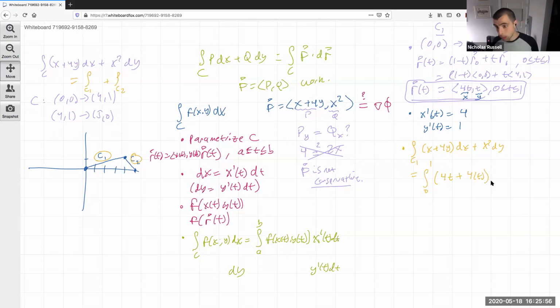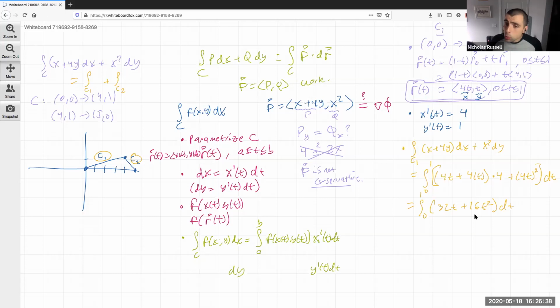We get 4 times t there. I multiply this by x prime, which is 4 here. Then I add this to x squared, which in this case is just 4t squared, and this entire thing is going to be dt. And now I just evaluate this integral from 0 to 1. This would be 32t plus 16t squared dt. I can continue evaluating that at that point. If anybody wants me to see that go forward, I'll at least stop there for right now.